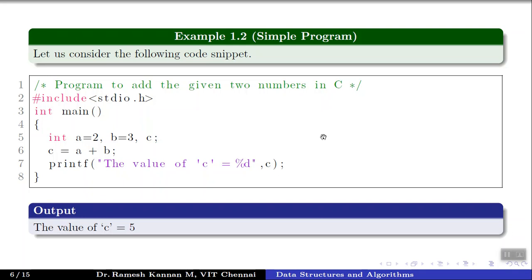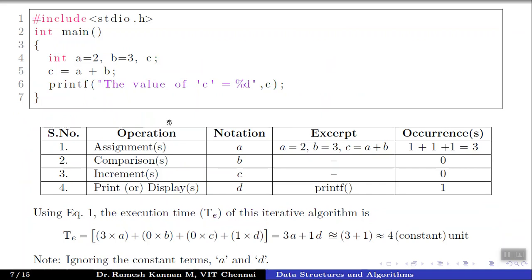Let's take a look at this in comparison with the table. This is the code, and this is the comparison table, and we have the assignment operation, comparison, increment, and print or display.